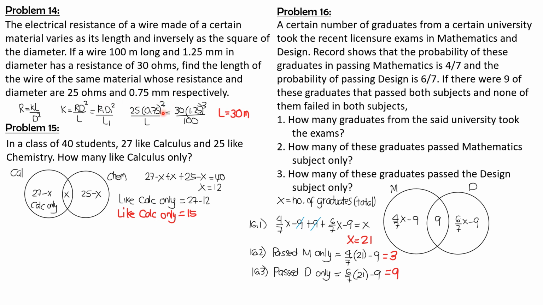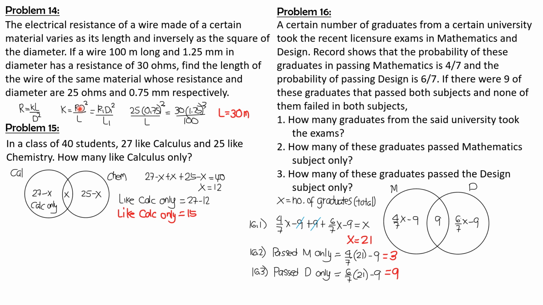So first, establish the formula. Resistance is proportional to, so K, constant, times the length, and inversely as the square of the diameter. So that's the equation. Solving for k, k is r times diameter squared over L. Then we equate it to the same pattern with subscript 1: r1 d1 squared over L1.